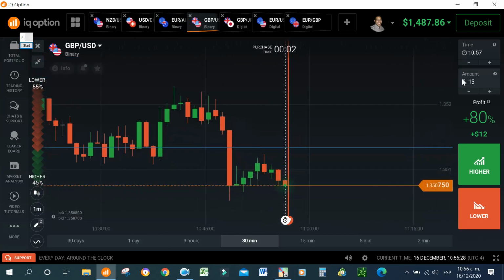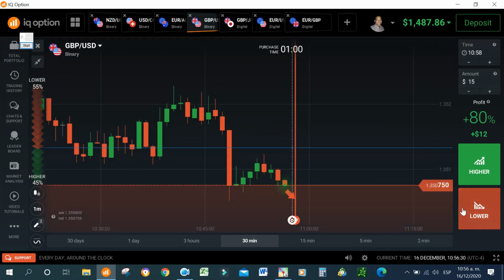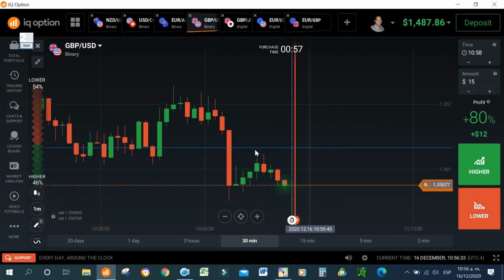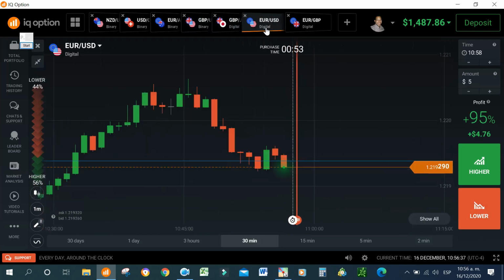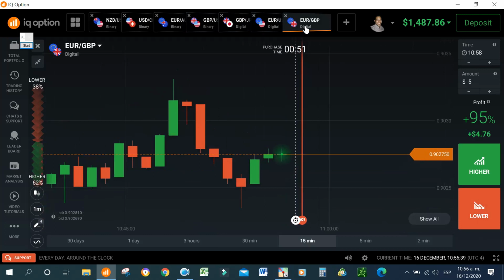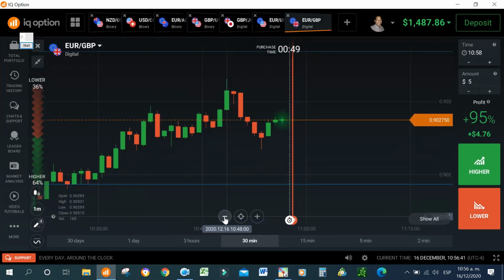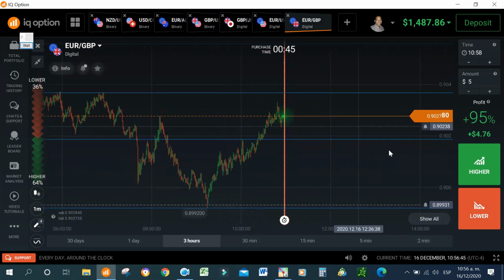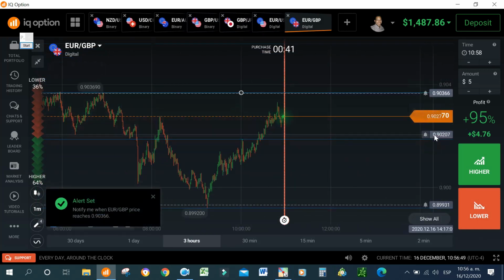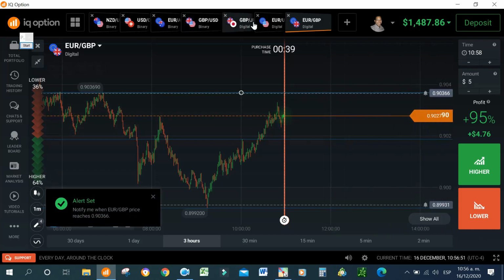I could make another entry here, but it's okay. I'm late. Okay, let me set an alert just to be notified when the price reaches this level.